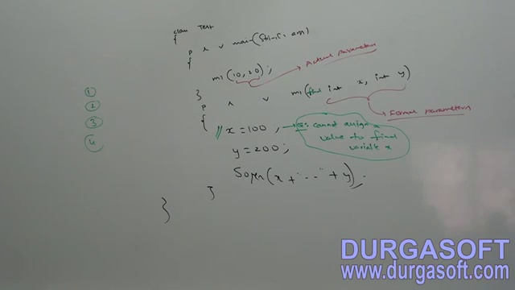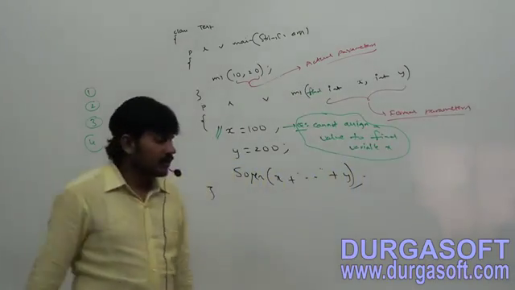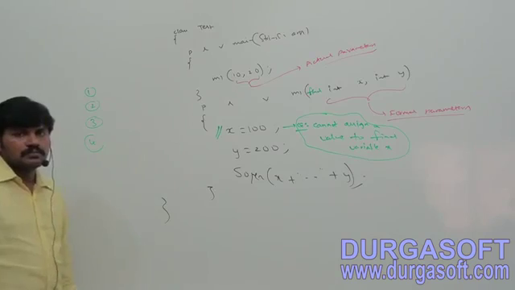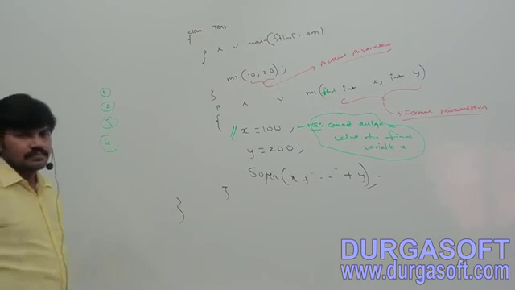So, actual parameters, formal parameters, and formal parameters of a method simply act as local variables. So we can declare a formal parameter as final, but within the method we can't perform reassignment, right? Make sure you people are aware.